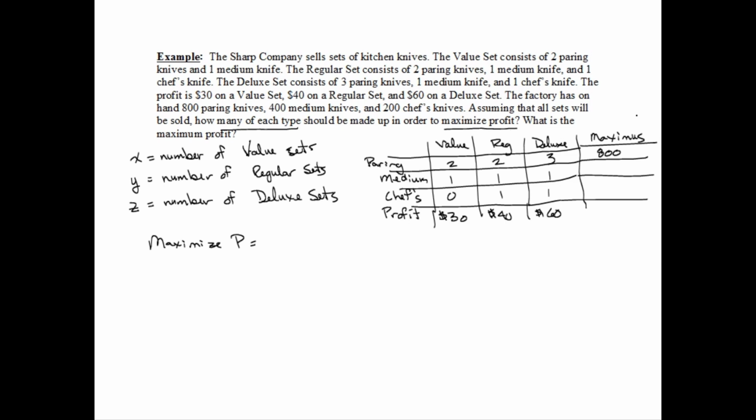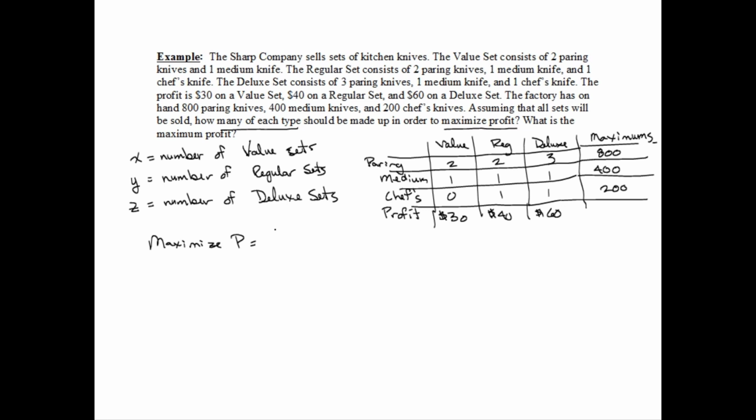In other words, we only have 800 paring knives on hand. Therefore, we cannot use any more than 800. That 800 is the maximum number of knives that we can put into our sets. We have 400 medium knives, and we have 200 chef's knives. So we can use all this to write down our model.